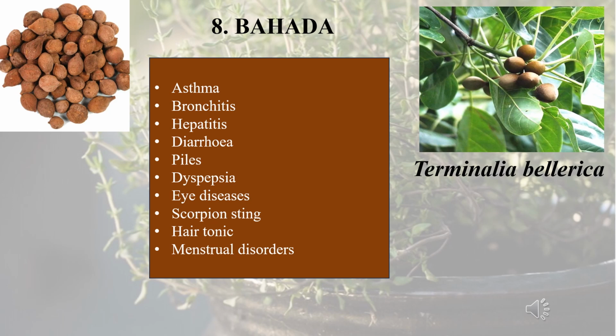It comes from a medicinal deciduous tree of the Combretaceae family, and it goes by the botanical name Terminalia bellerica and is indigenous to tropical Asia, including India, Nepal, Bhutan, China, Sri Lanka, Pakistan, Malaysia, and Indonesia.